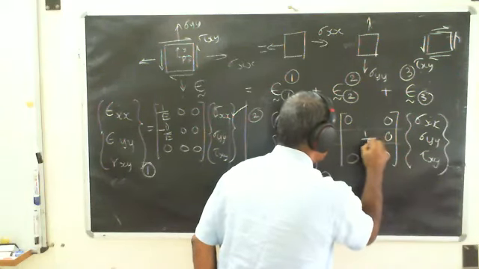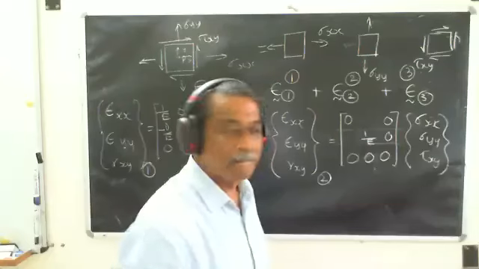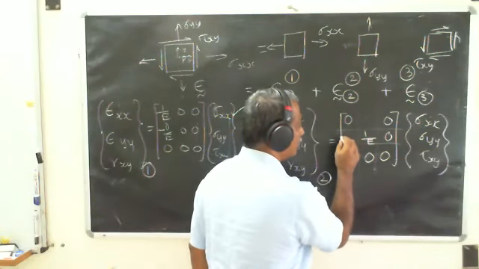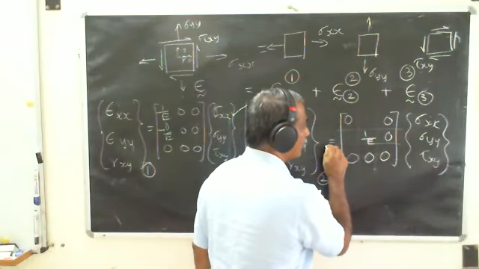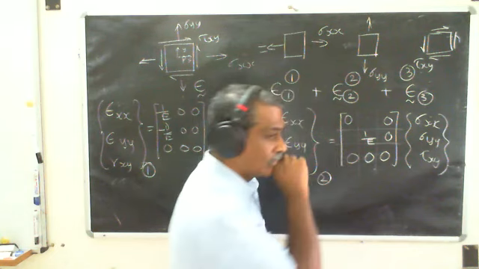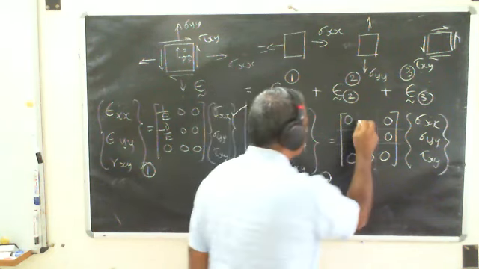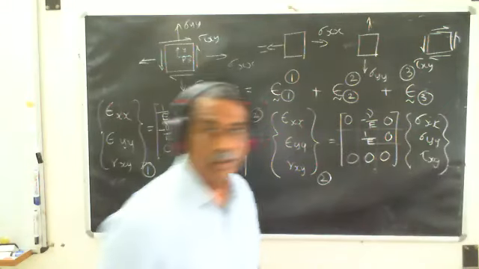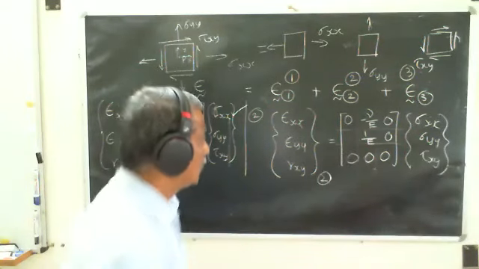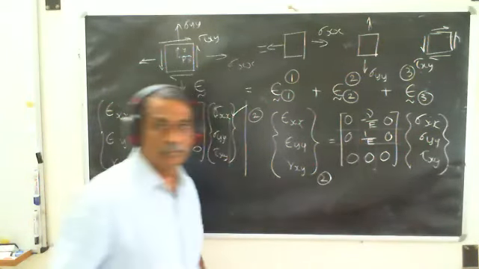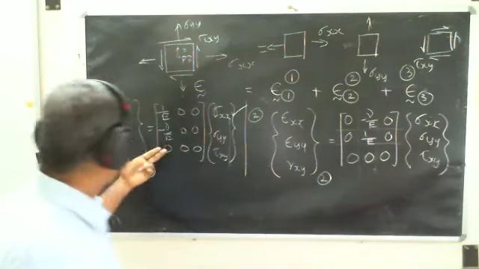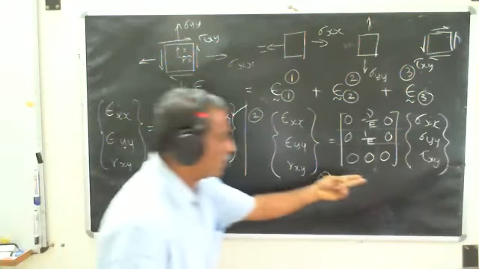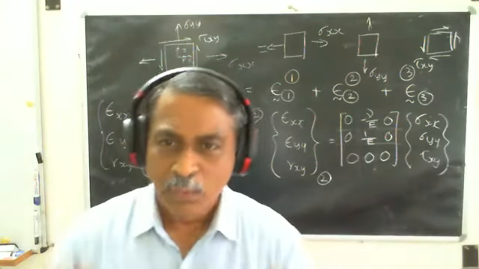This should be 1 by E. And the second value in the first row should be minus mu by E. Very good, Ayush. Yes. And this is 0. Right? So simple. Now I am able to write for this and I am able to write for this. Beautiful. Only 3 is left now.